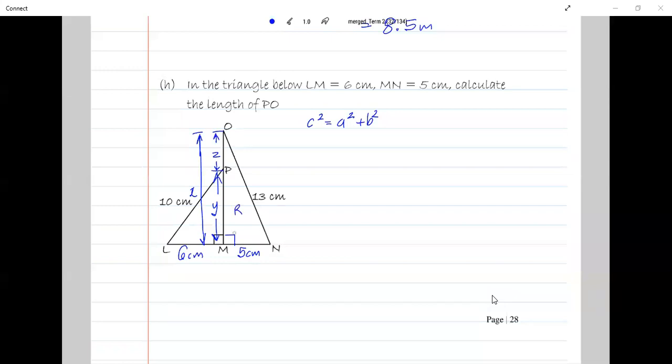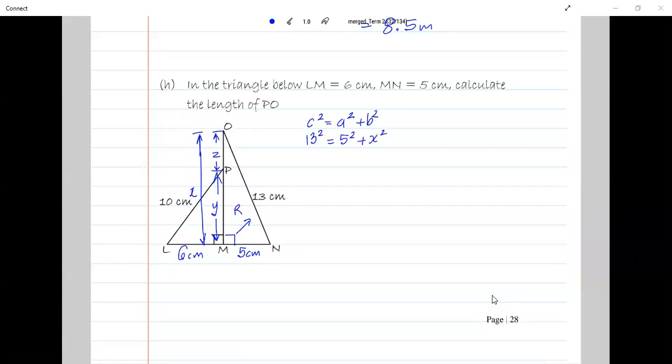Now, the hypotenuse is the side in front of the right angle. So in this question, the hypotenuse is 13. So 13 squared is equal to, A and B are the other two sides, 5 squared plus X squared.